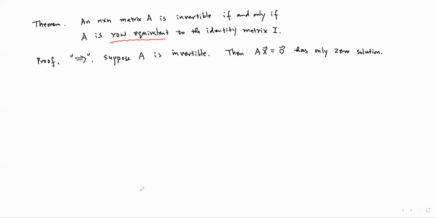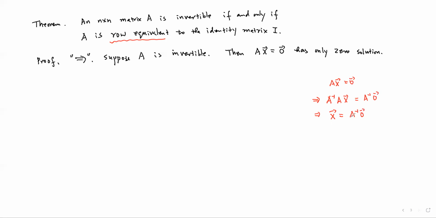How to see this? Because A is invertible, that means A has an inverse. I multiply A inverse to both sides. Then A inverse and A cancel, so the solution is this.